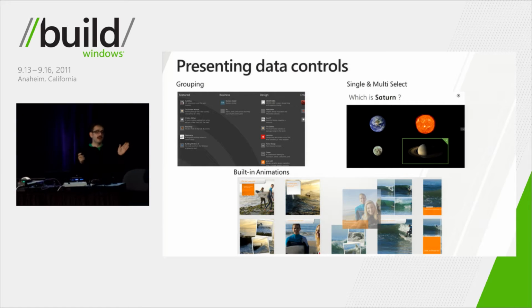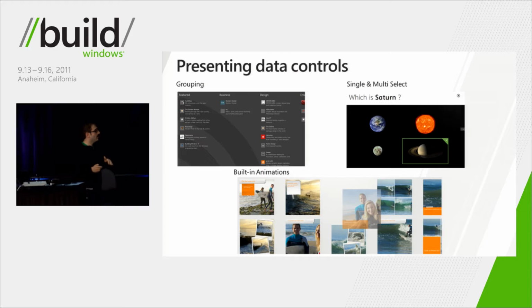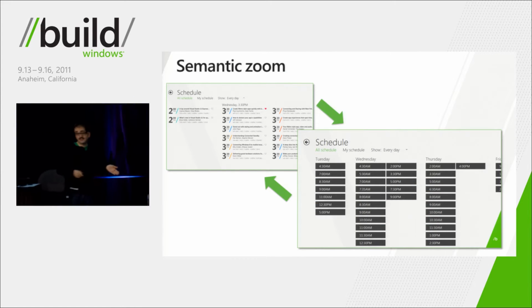So that's list view, grid view, and flip view. And there's one other very important control around presenting data, and that's the semantic zoom control. The scenario here is sometimes you have so much data that it's really tedious for a user to pan through all of it. So the semantic zoom control makes it easy for you to set up 2 views of the data, a higher level view and a deeper view, so that if that deep view has, for example, 1,000 people in it, okay?